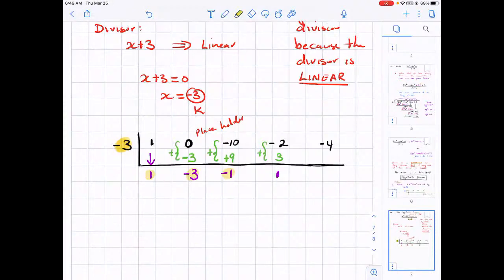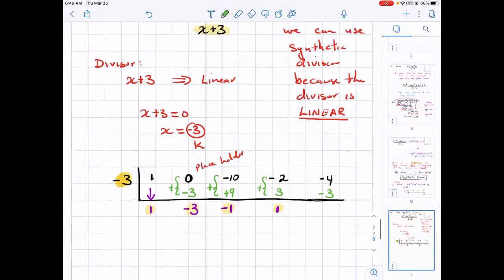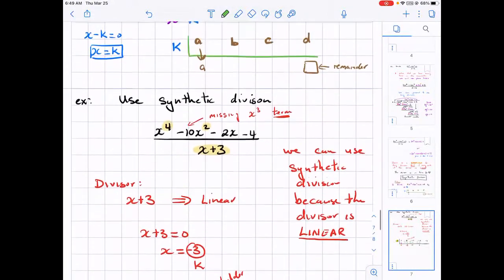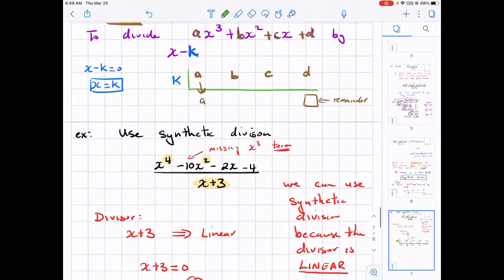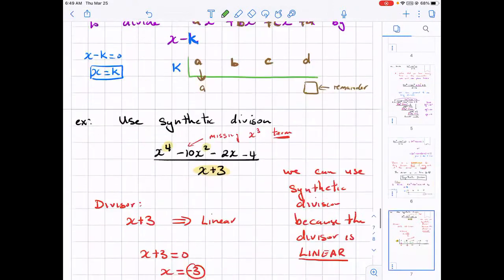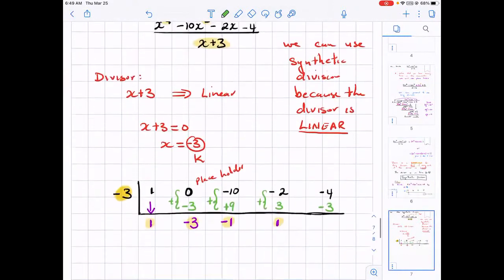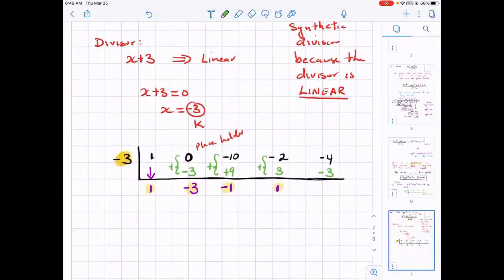And we multiply again. 1 times negative 3 becomes negative 3. And negative 4, we always add.